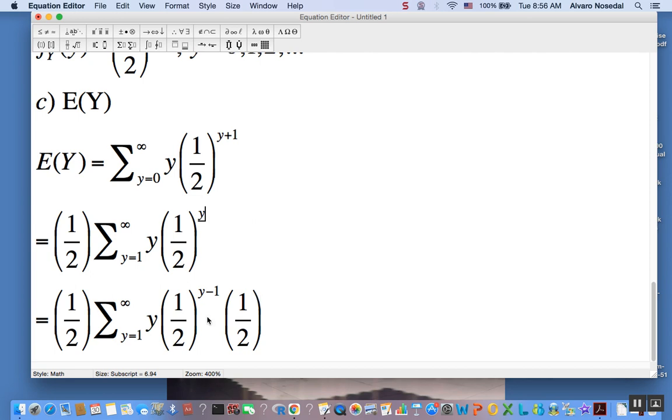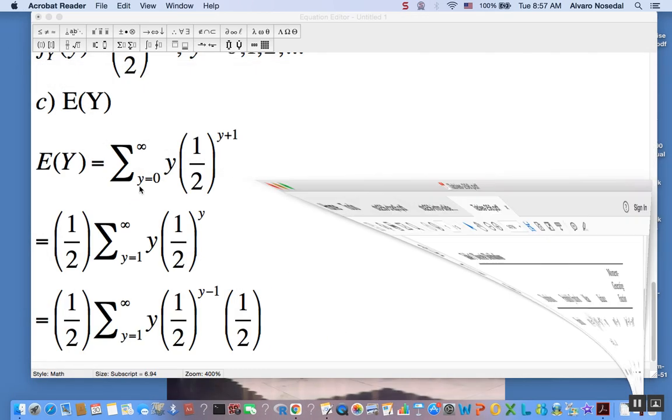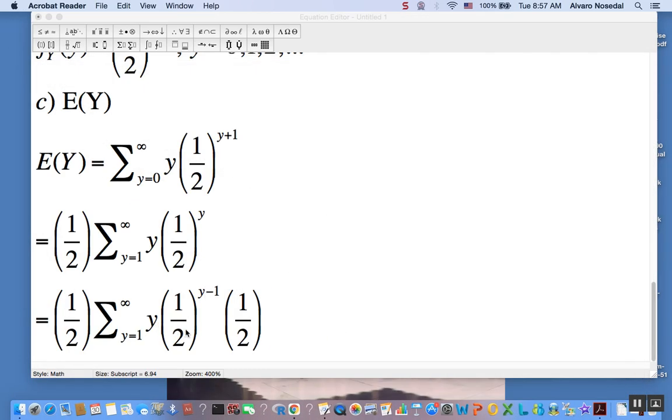It's the same thing. But now this thing here, as we said, corresponds to the probability mass function of a geometric with parameter 1/2. 1/2 times 1 minus 1/2 to the y minus 1, right? Possible values 1, 2, 3 up to infinity. So we have y times the probability mass function of a geometric.